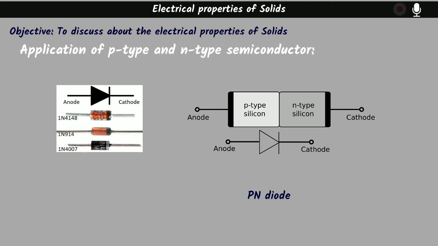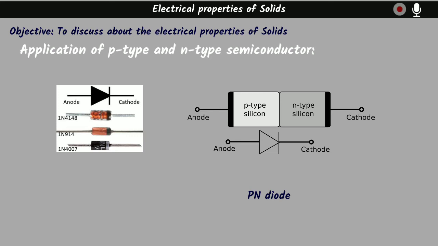The work of the diode is to rectify alternating current into direct current. Alternating current means AC, and direct current means DC. So we can use a diode to convert AC into DC, understand?